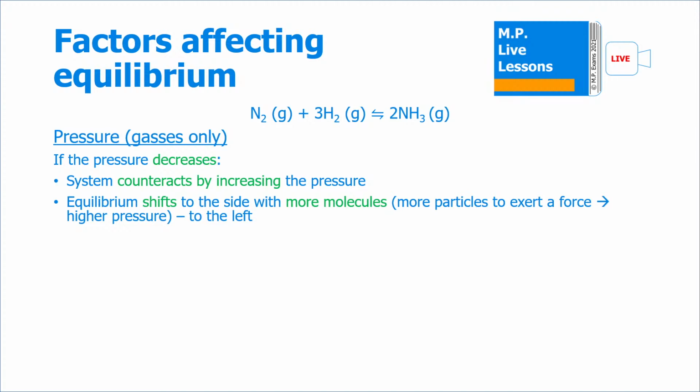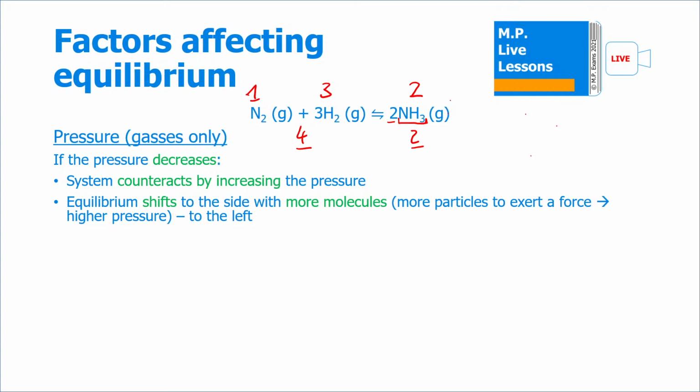So if we count them, N2 is a particle itself, so that's 1. H2 is just a particle by itself, but we've got 3 of them. And on the right, NH3 is a particle in itself, so there's 2 lots of them. So in total, there are 4 on the left, 2 on the right.